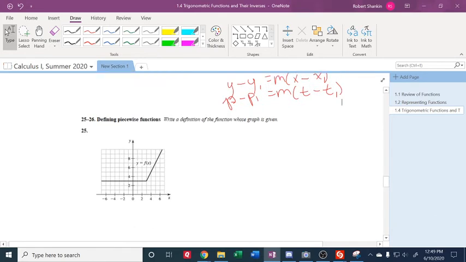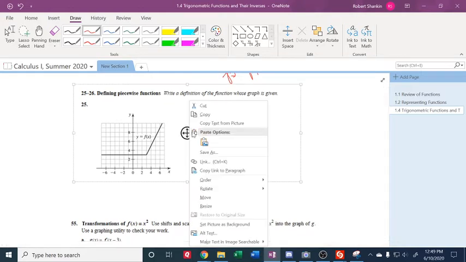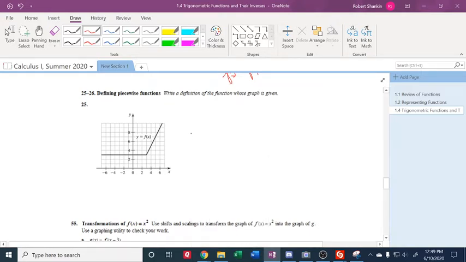Number 25, there was a question on that. We need a piecewise function. So we'll put f of x equals 3, a height of 3, if x is less than or equal to 3.